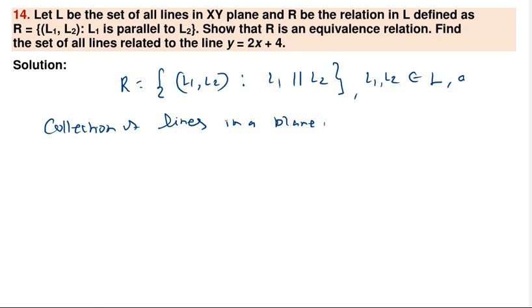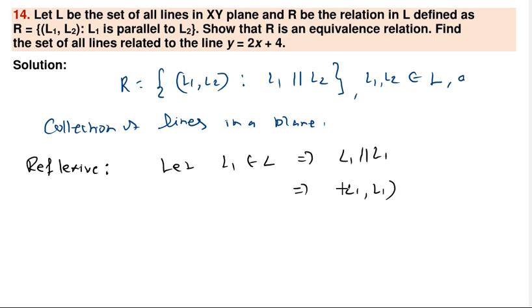Okay, to test the reflexive nature, let L1 belong to L. This implies L1 is parallel to L1. This implies (L1, L1) belongs to R, and therefore the relation R is reflexive.